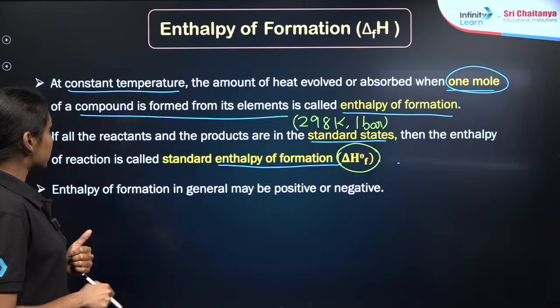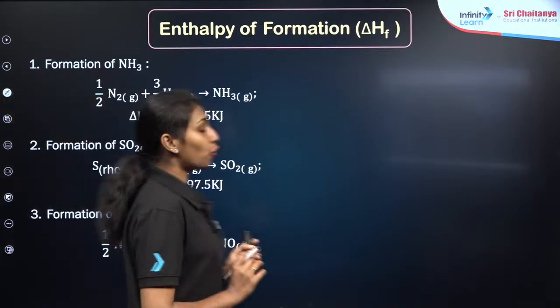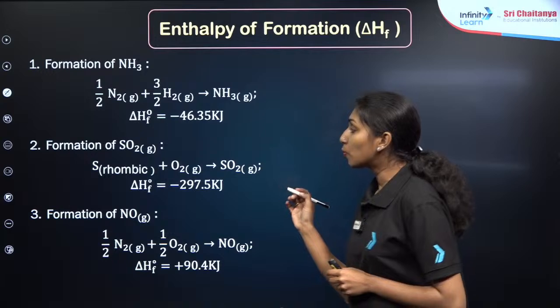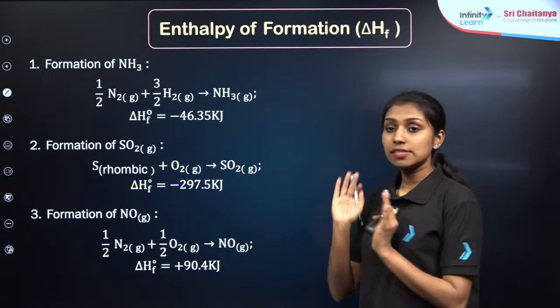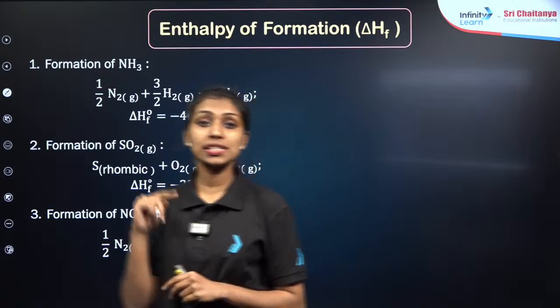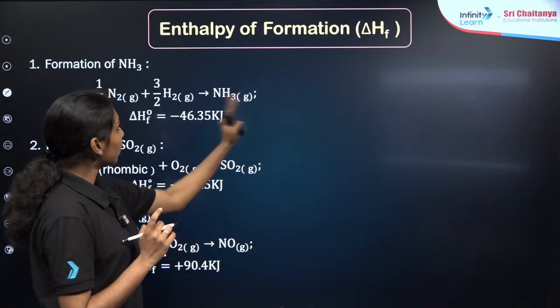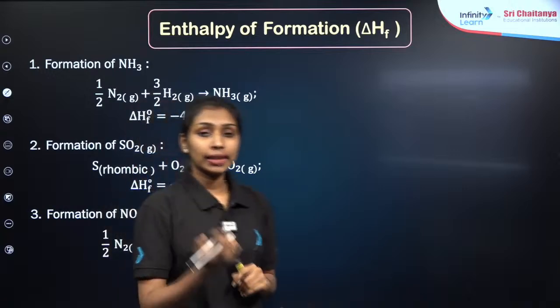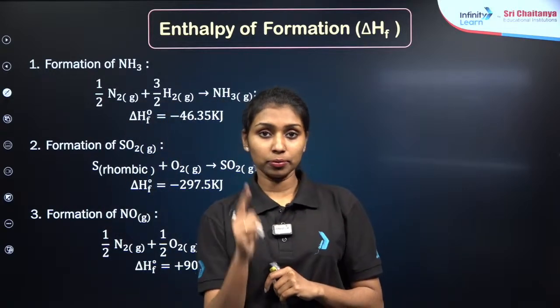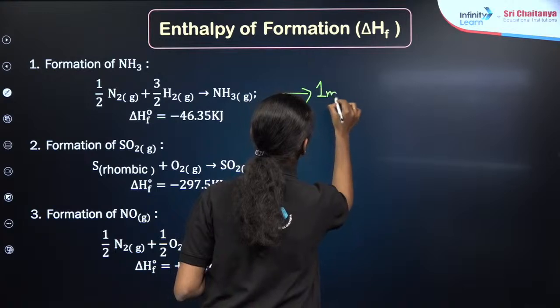You can see some examples here. The first one is the formation of ammonia. Ammonia is formed from nitrogen and hydrogen, right? As we already know, the equation for the formation of ammonia is N2 plus 3H2 gives 2NH3, right? So in terms of standard enthalpy of formation, we will be discussing 1 mole of substance, 1 mole of product forming.